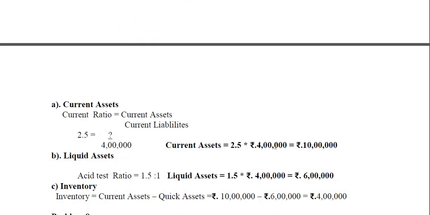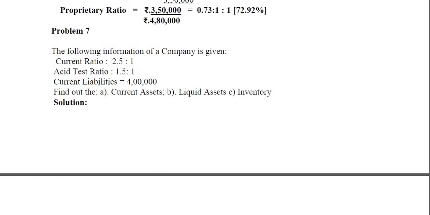So 4 lakh into 2.5, you will get 10 lakh. So 10 lakh are the current assets. Now you can verify. 10 lakh minus 4 lakh, you will get the working capital actually. So 10 lakh and 4 lakh, if you calculate the ratio, 2.5:1.